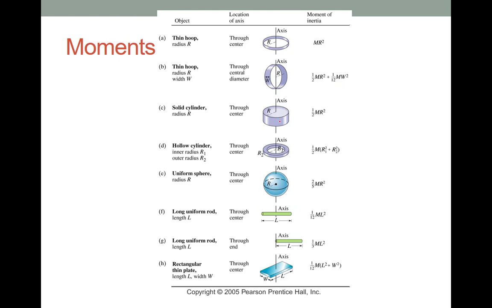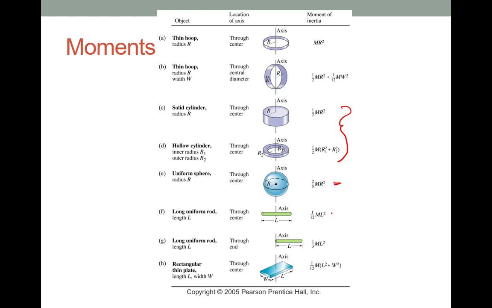We can look at a solid cylinder and a hollow cylinder. We will do these calculations in the next unit. We can think about a uniform sphere. That would be this calculation, which we'll do the next unit. And we can think about a rod of uniform length, rotated about the center or about one end.